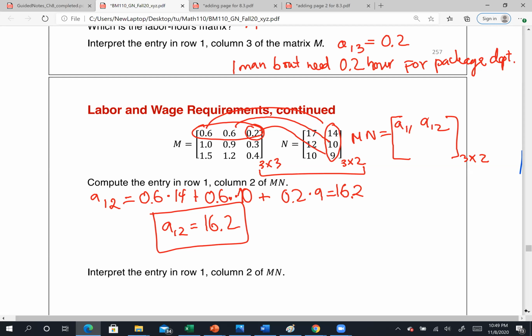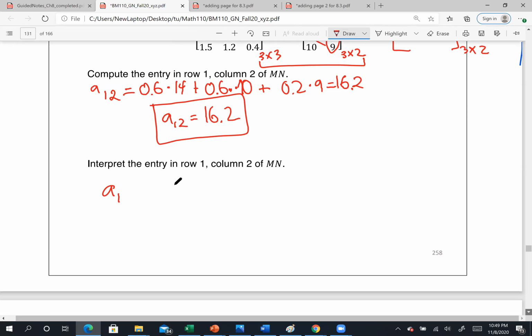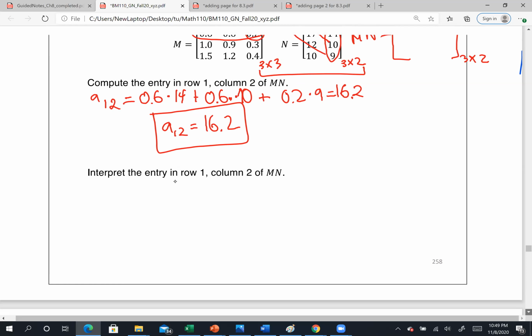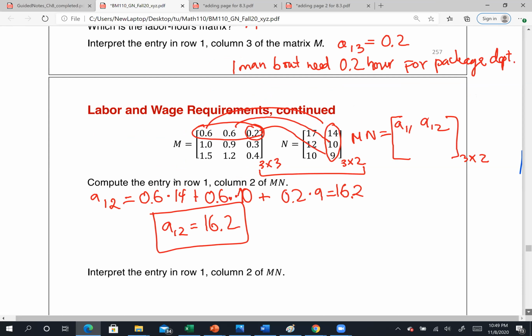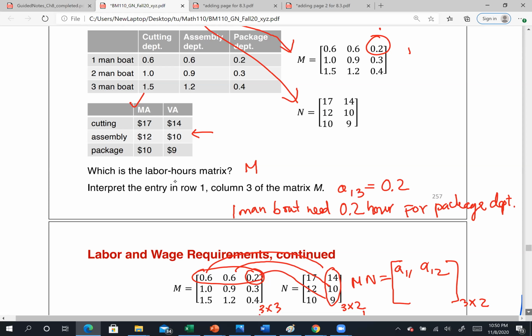For the row 1, column 2, wait a second. There is something wrong. Interpret. Okay, so what does that mean? So we have A12 equals 16.2. What does that mean? So let's take a look back here.